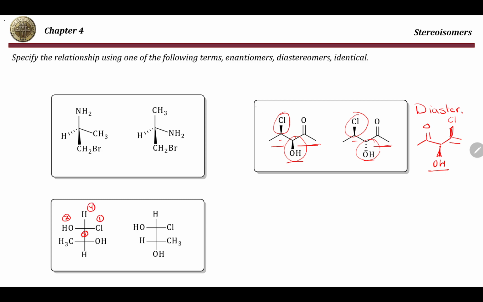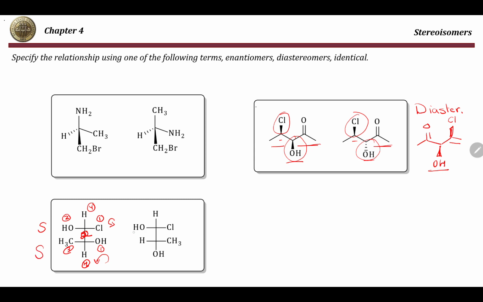So 1, 2, 3, we are moving anti-clockwise, so this is S. Number 2 will be here, this is number 3, and this is number 4. Number 4 is in the back. So 1, 2, 3, I'm moving anti-clockwise, so this is SS.